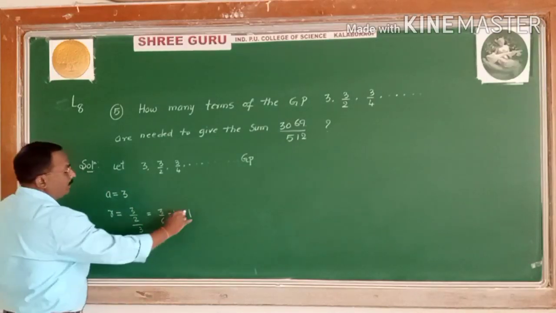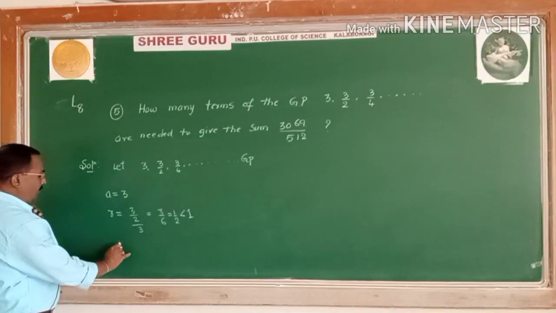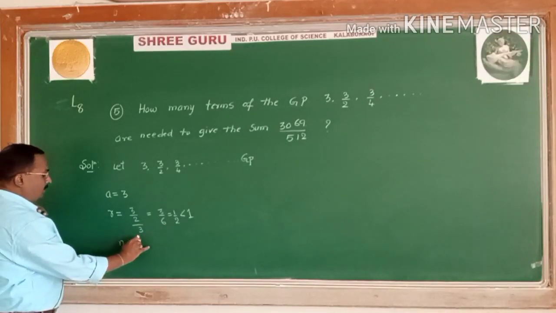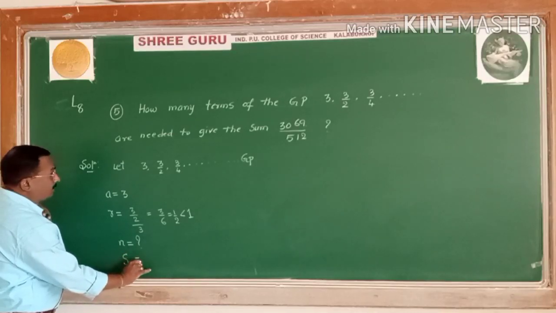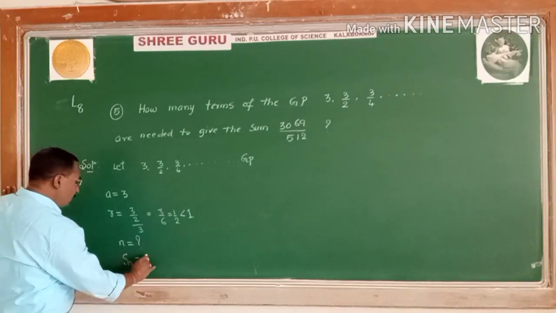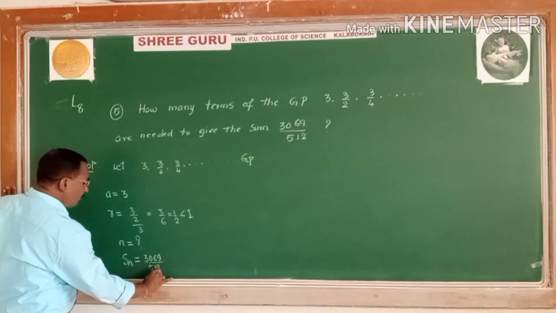Here the number of terms n is unknown, and Sn is given as 3069 divided by 512.